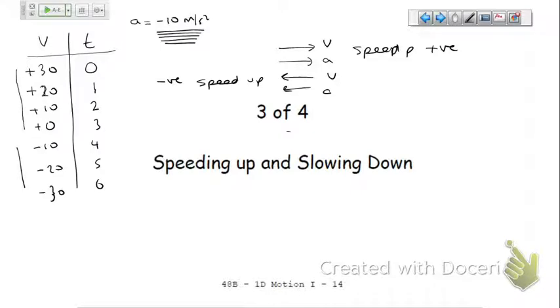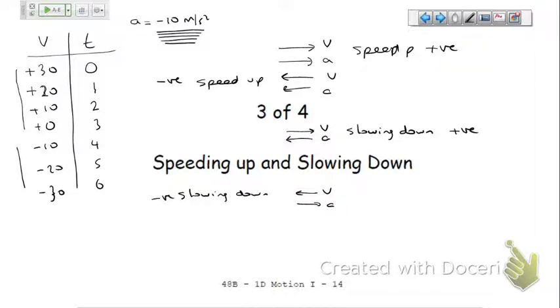If I have a positive velocity and a negative acceleration, I am slowing down. I'm going in a positive direction, but I'm slowing down. And if I have a negative velocity and a positive acceleration, I am slowing down. I'm going in a negative direction, but I'm slowing down. So the sign of the velocity is always the direction you're traveling in.